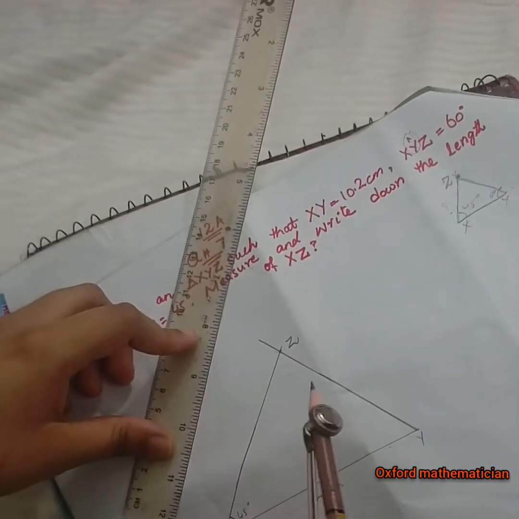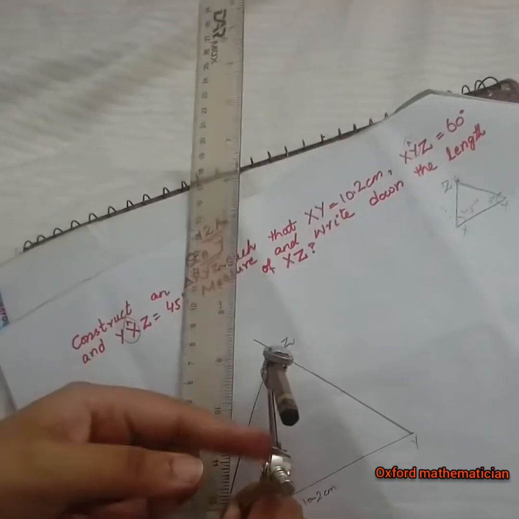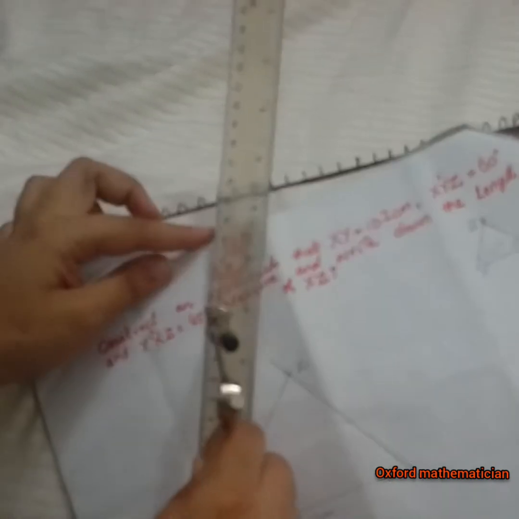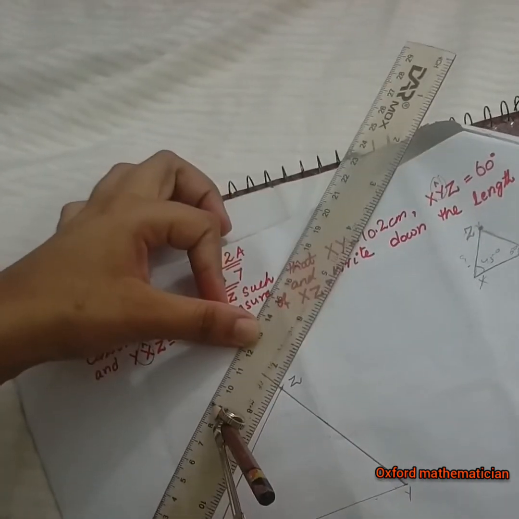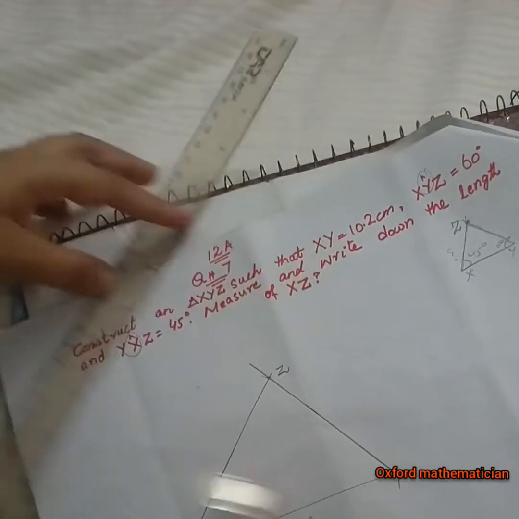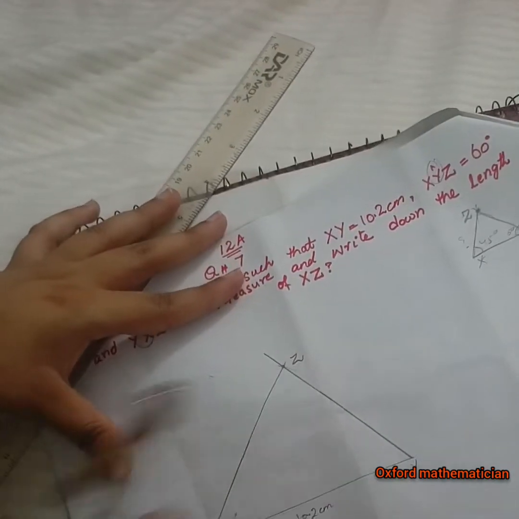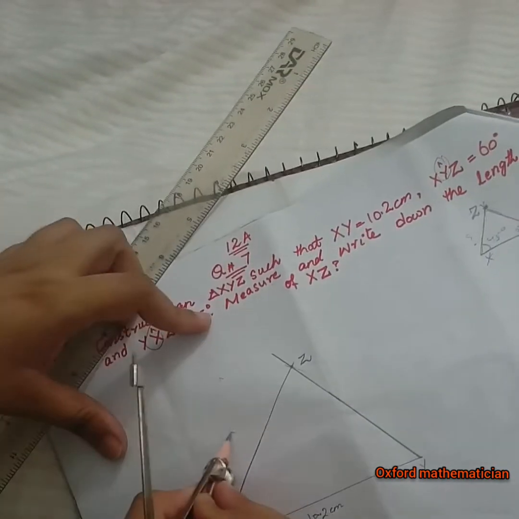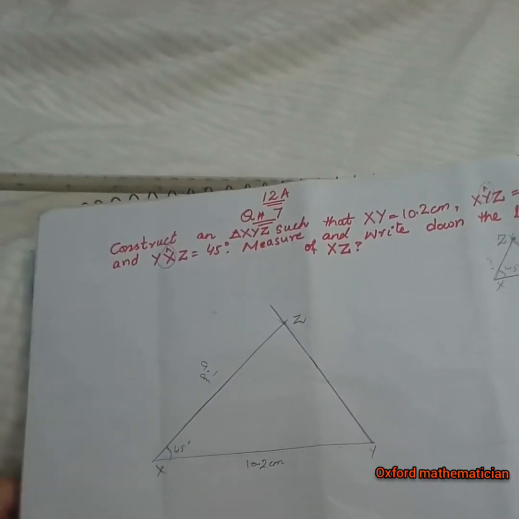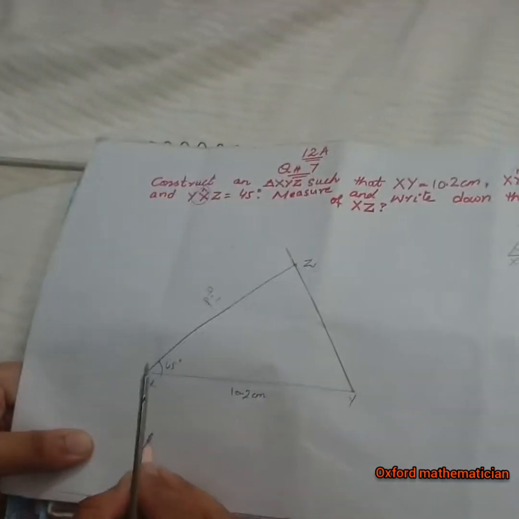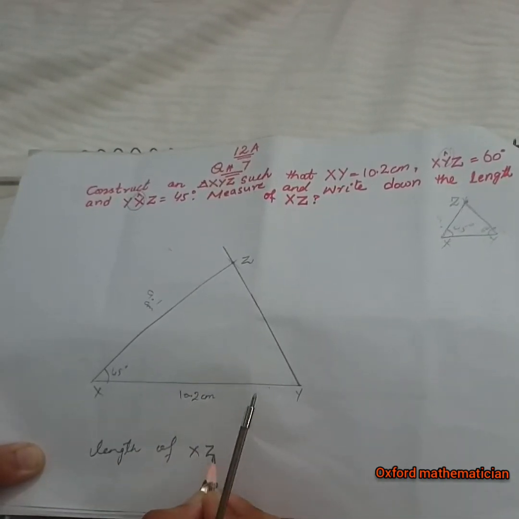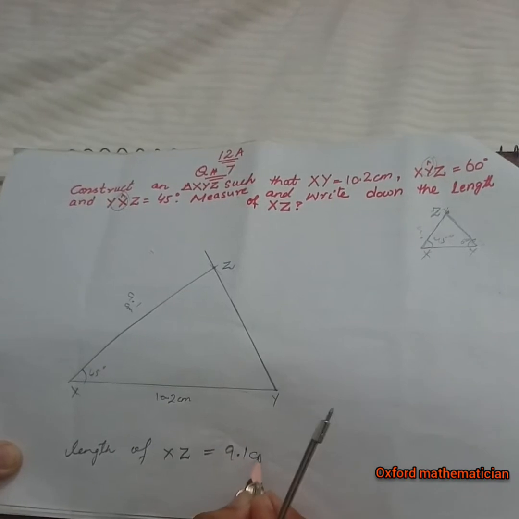Here it is 9.1. Okay, now we put the answer here. Length of XZ is equal to 9.1 centimeter.